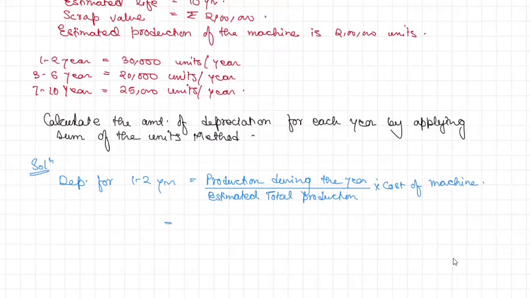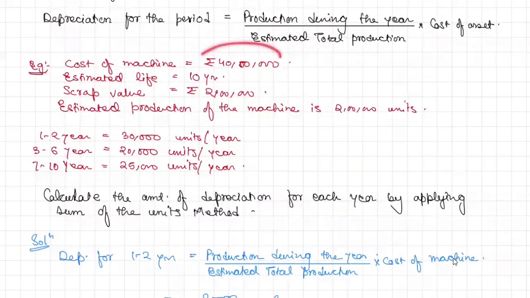For the first and second year, 30,000. Correct. What was the estimated total production? It's 2 lakh units. And what is the cost of the machinery? It's 40 lakh minus 2 lakh, the scrap value.